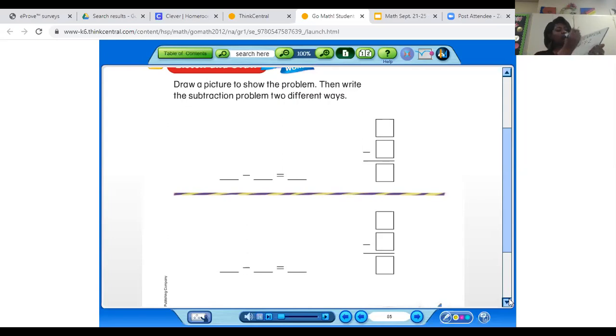Now let's write that vertically, or up and down. 6 minus 4 equals 2. All right, let's turn the page and let's do some more practicing.